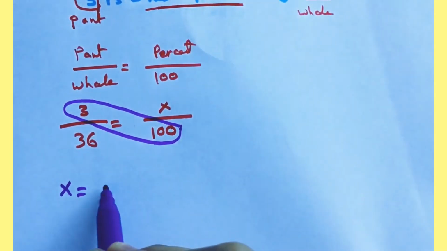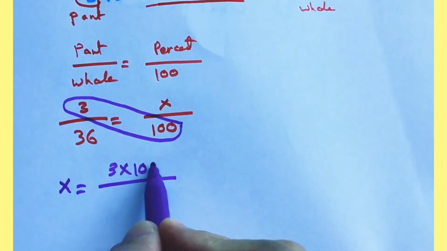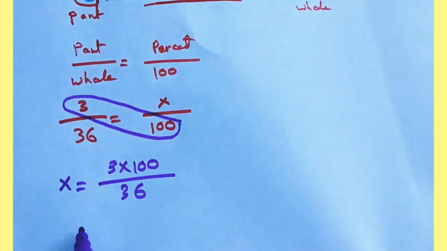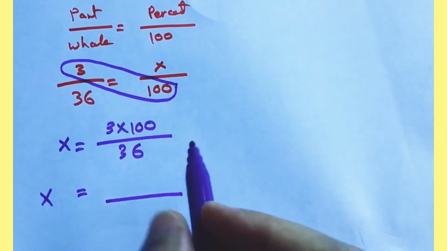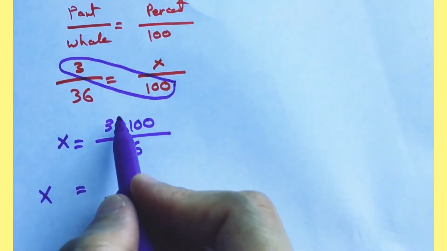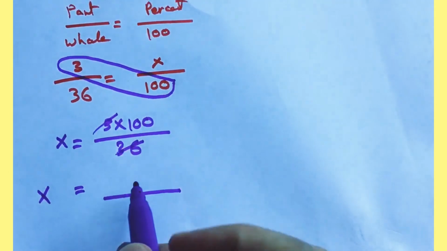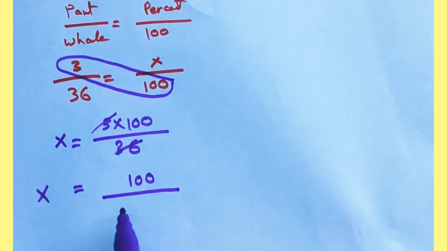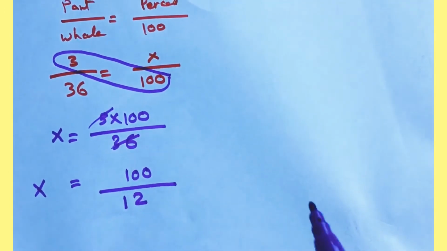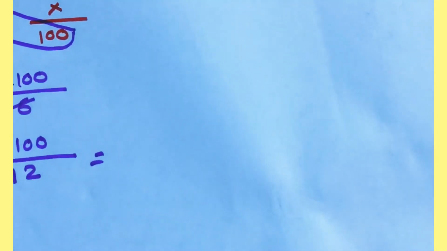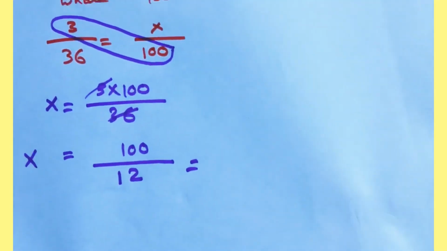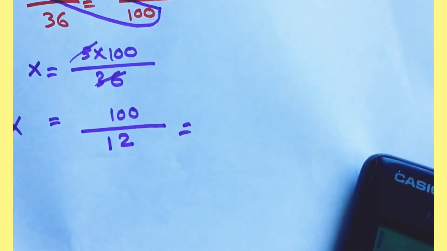So X equals 3 times 100 over 36. Now I can divide the 3 with the 36, so it will be 100 over 12. We can use the calculator to find the answer.